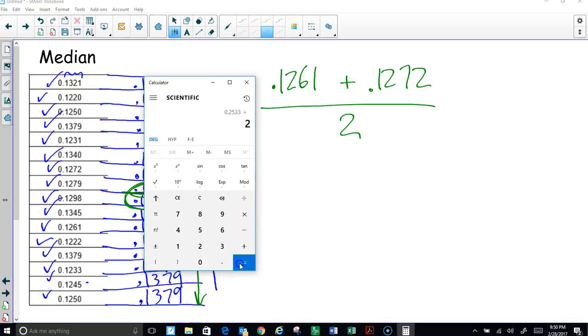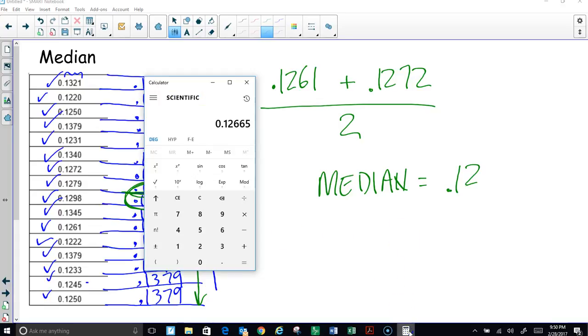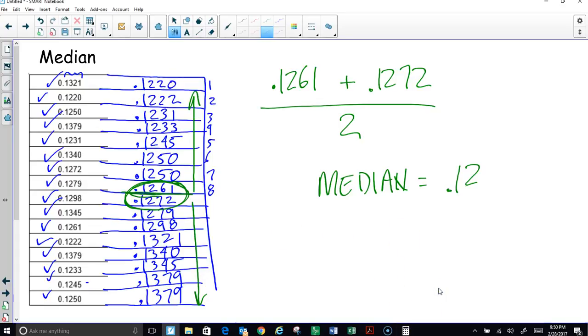When I get that answer, I got 0.12665, and we'll leave it at that. So that's going to be the median, my fault, is 0.12665. I already forgot. That's how quickly I forget. Median is taken care of.